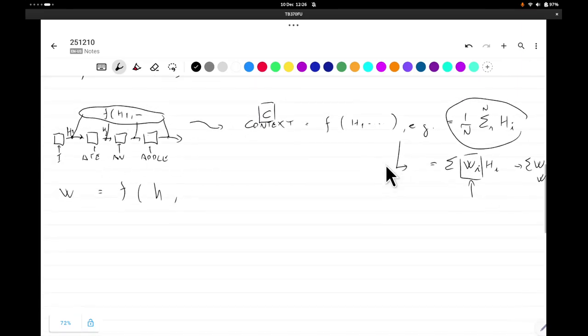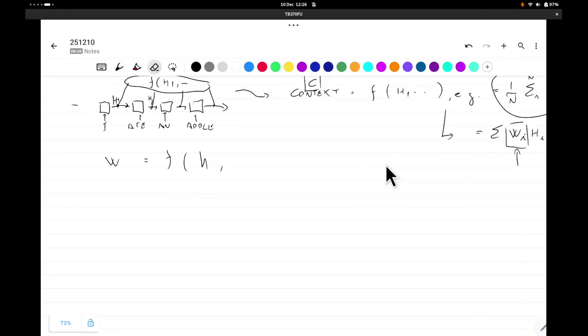Okay, I need another graph. Okay, one second. Let me just sketch to put the symbols here. So I have the encoder part and the decoder part.